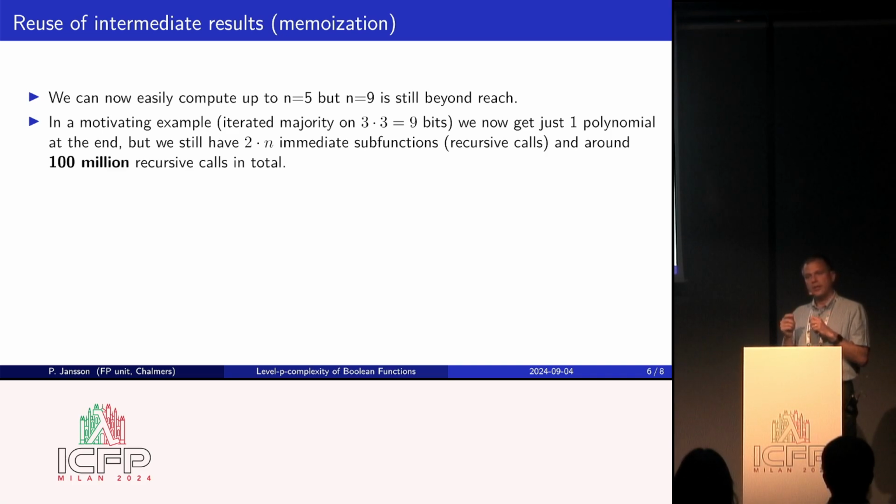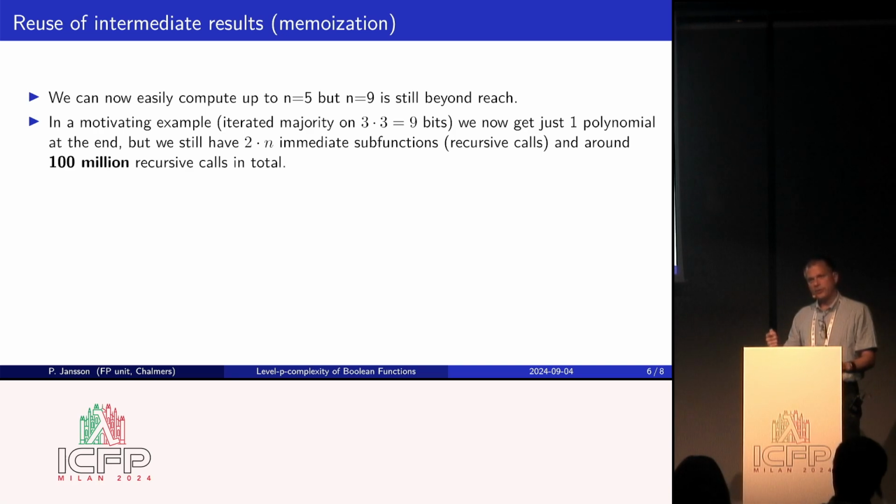So for n equals 9, that's 18 recursive calls. Each of those calls will call 2n minus 1 times. So that's 16 times 18 calls, and so on, we get roughly 100 million recursive calls for this computation. And that's a bit much.